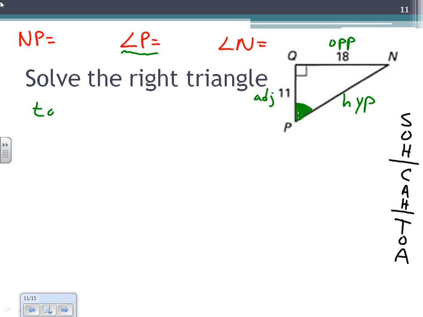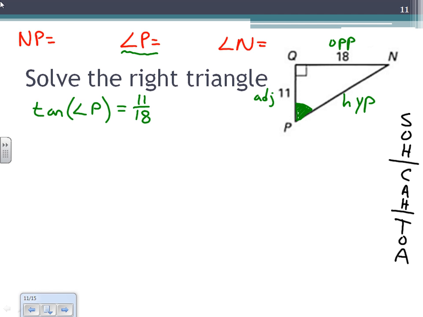Can you set it up for me, Leslie Thomas? Tangent of angle P. Remember, the angle always goes next to your trig function. Equals 11 over 18. Very good. Is this where I need to cross multiply? No. Why not? I'm finding the angle here, right? So whenever I need to find the angle, I need to use the inverse.